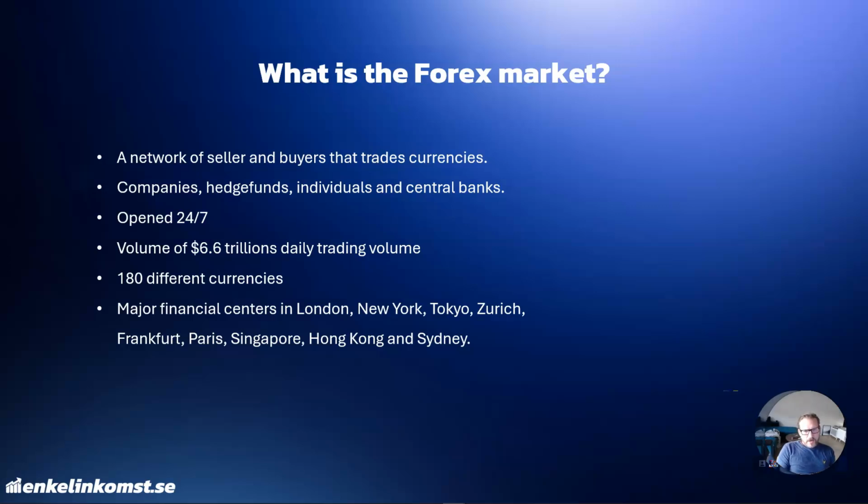So it starts for me, that is in Sweden, in the night, and then in Asia, they open late midnight. So you have the Asian market, and then you have the London market, and lastly you have the New York market. Those are the 3 biggest, and that's what most of the traders trade during the day. So remember that. And the most traded currency pair in the Forex market is euro against US dollars.